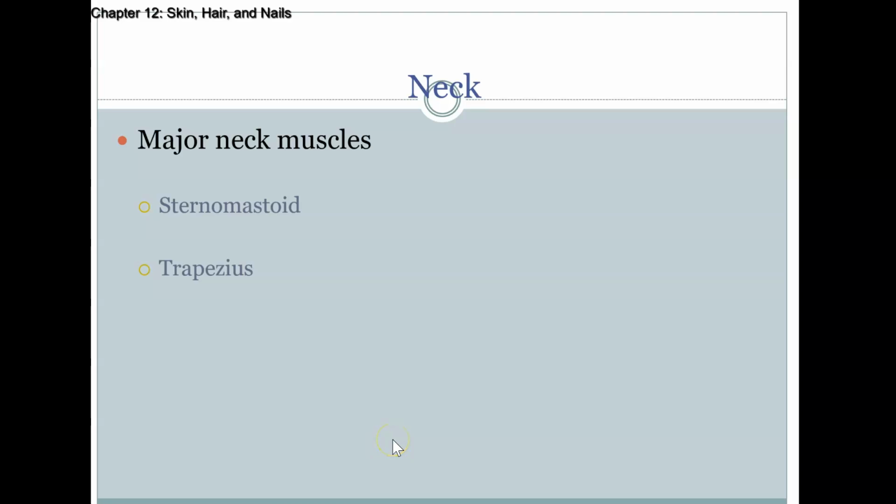Okay, so you have the neck, major neck muscles, sternomastoid and trapezius, and you basically just need to know that those are the names of the major muscles.